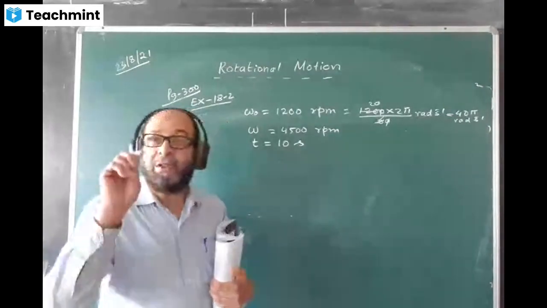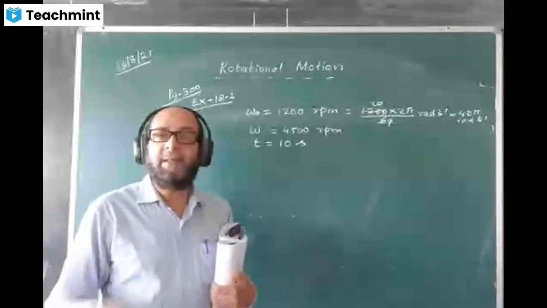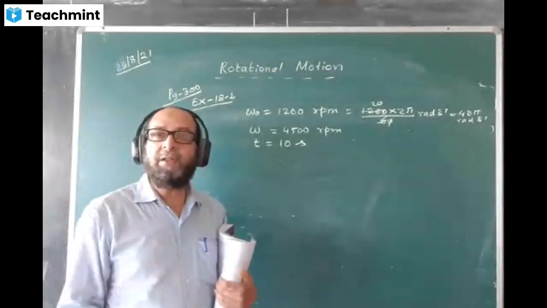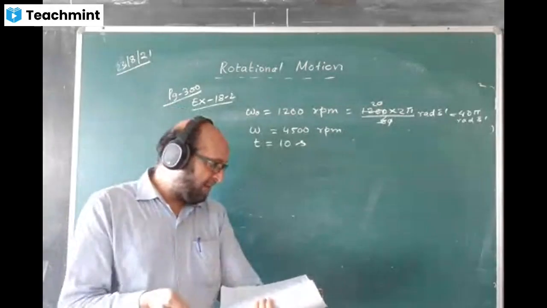So angular velocity, omega. Initial and final are given as 1200 RPM and 4500 RPM. They are not given in radian per second, but in revolutions per minute.